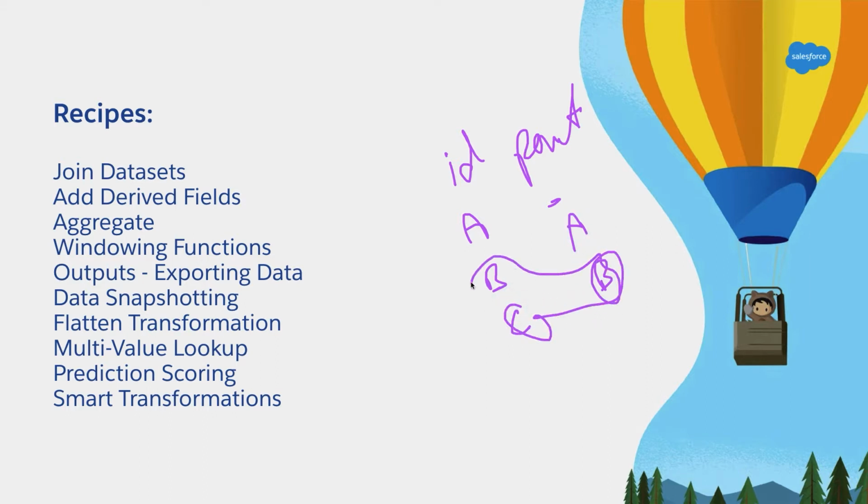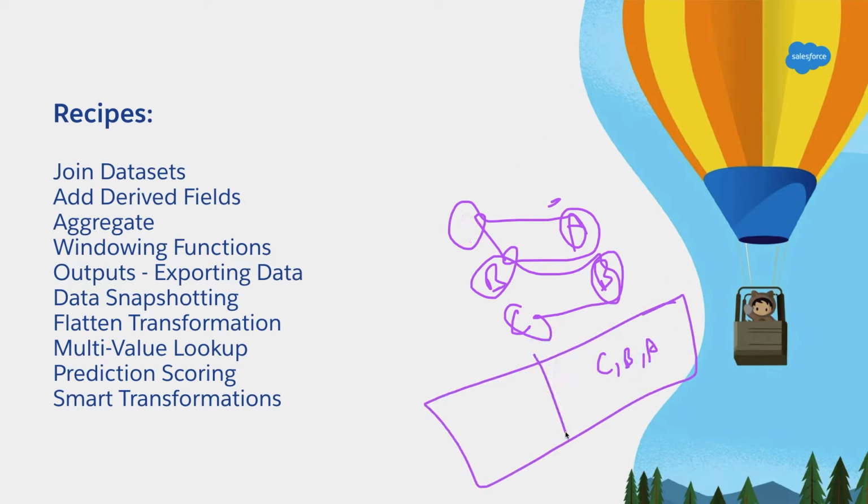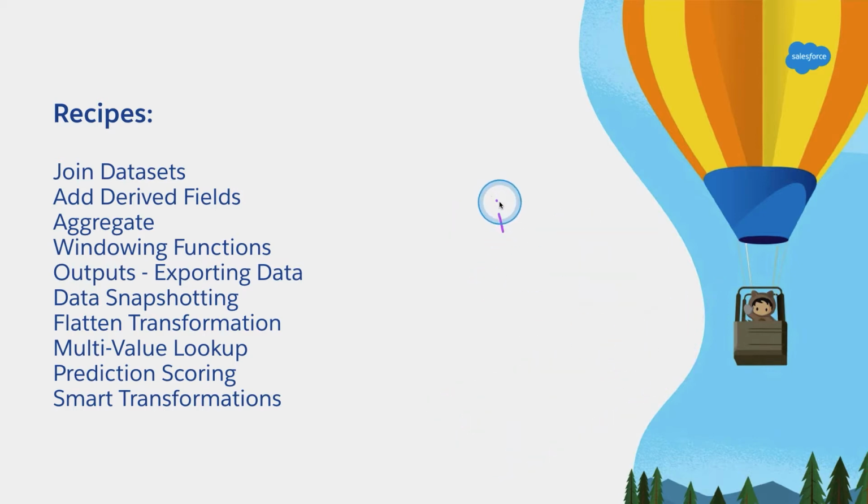So C rolls up to B, B rolls up to A. So this whole path of C, comma, B, comma, A on any record owned by C, having the user ID C, now anybody from B or A is able to access or view this record, especially from a security predicate perspective. Of course, this applies to other things like account, parent account, city, state, some hierarchy that you have, geographic, or even time, or even any custom dimension.